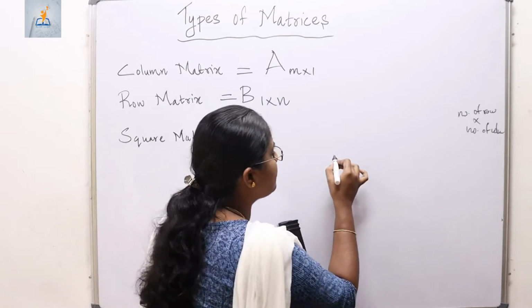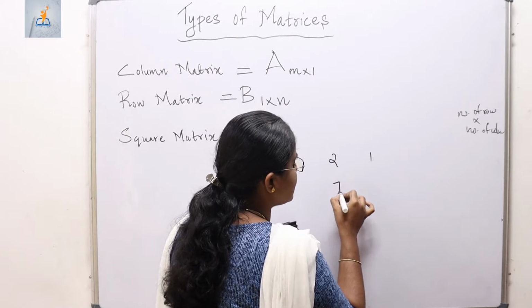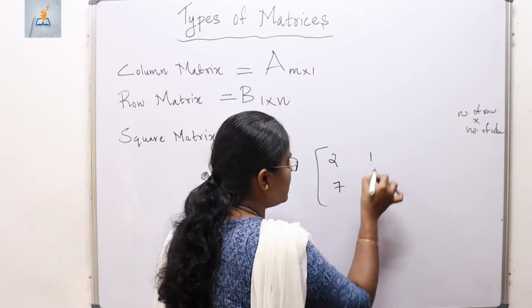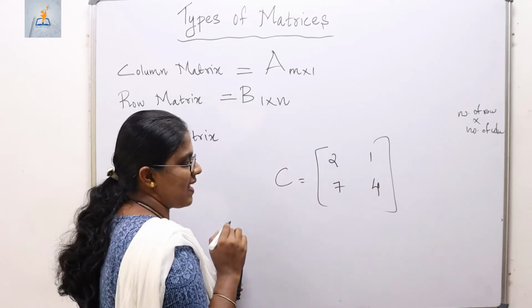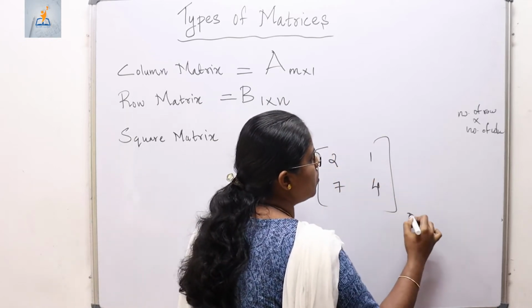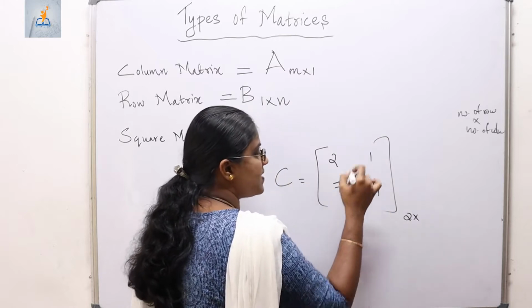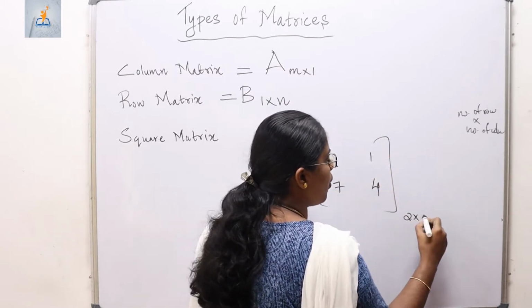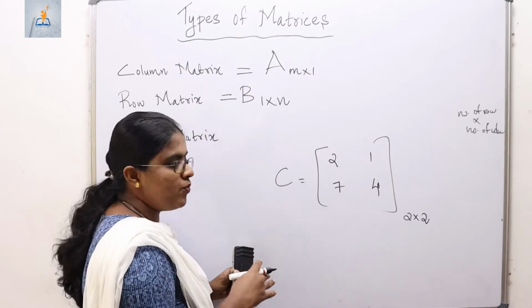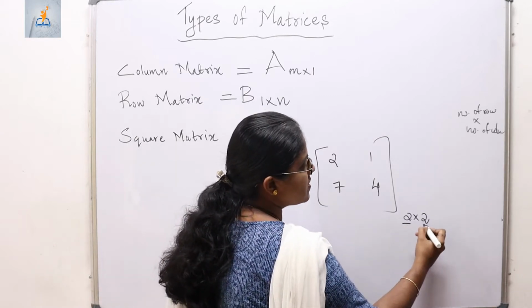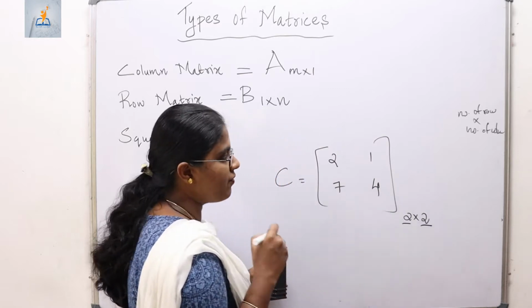For example, 2, 1, 7, 4. This is a matrix, let it be C. How many rows does this matrix have? It has 2 rows. How many columns does it have? It has 2 columns. So the order of the matrix is 2 by 2, which means the number of rows is equal to the number of columns.